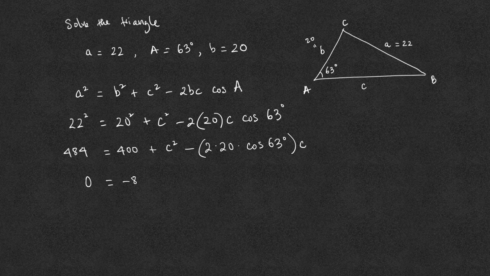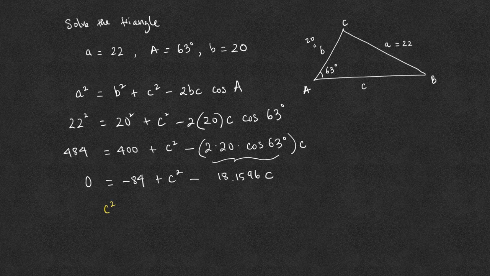We have negative 84 because 400 minus 484 is negative 84, plus c squared minus, we evaluate this expression using a calculator in degrees mode. This will be 18.1596. We still have the variable c.